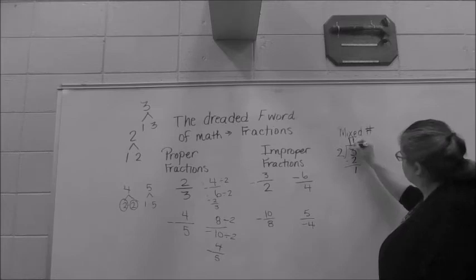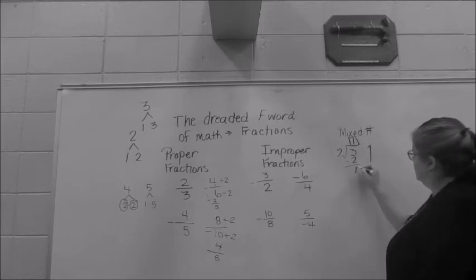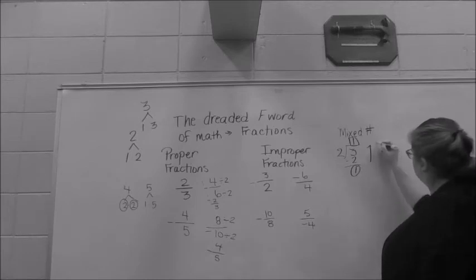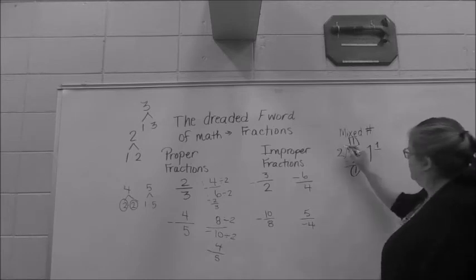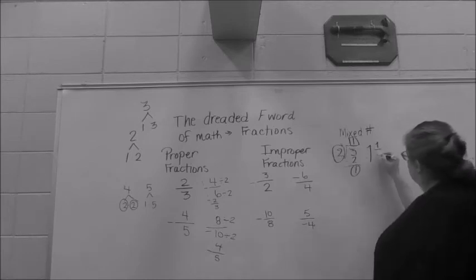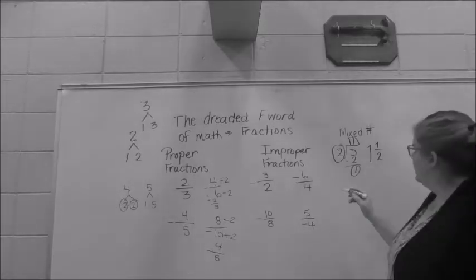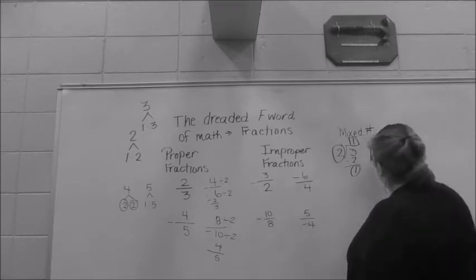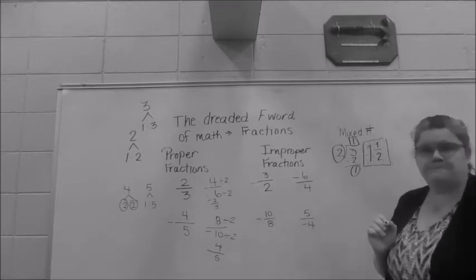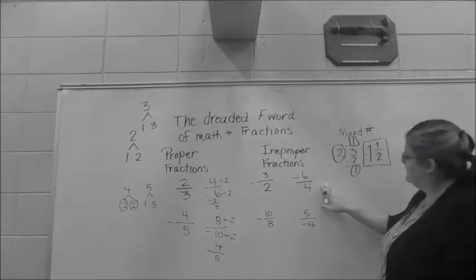So this one on top becomes my whole number. This remainder becomes my numerator, and the divisor is my denominator. And since this was negative, I need to just put a negative symbol in front of the whole thing. So we're going to quickly do this one right here.